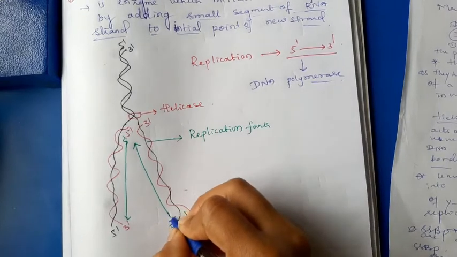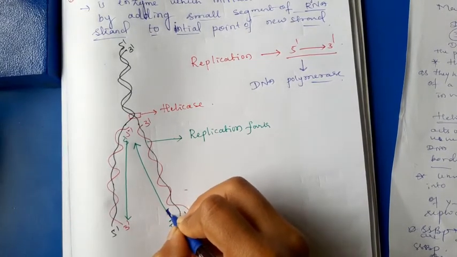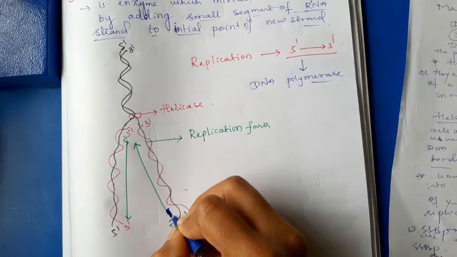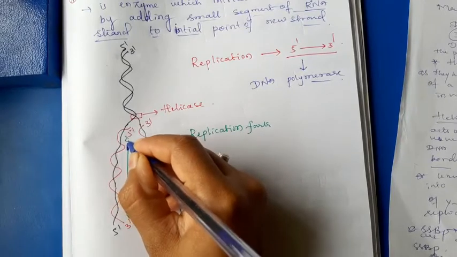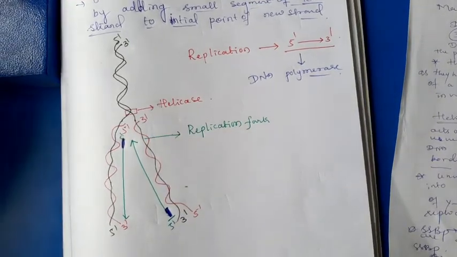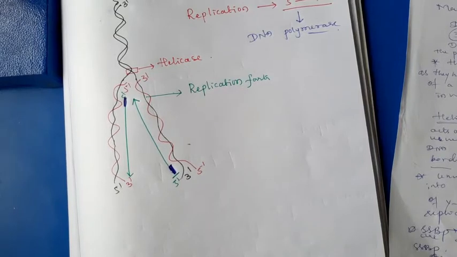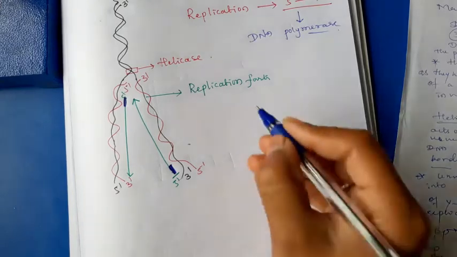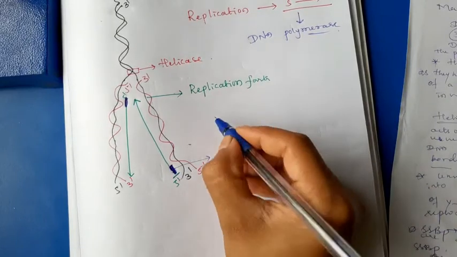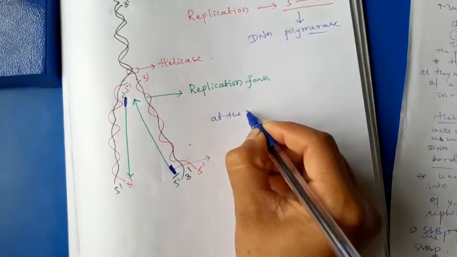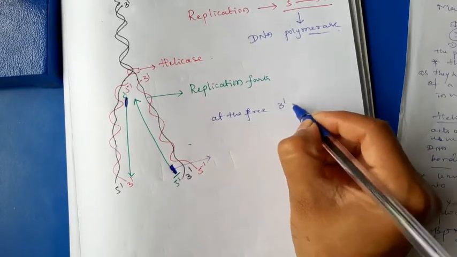If a small segment of double stranded DNA is there, then only DNA polymerase works. At the initial stage of the replication fork, at the free 3 prime end of one strand, the fork adds the second strand.